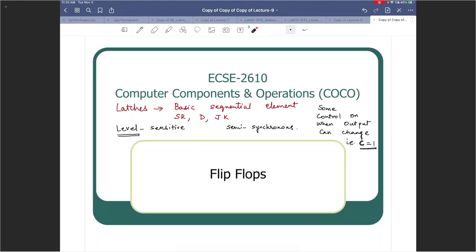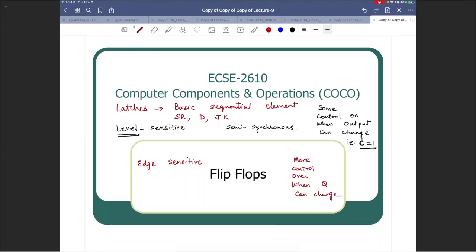Flip flops are edge sensitive devices. So you have a lot more control over when Q can change.